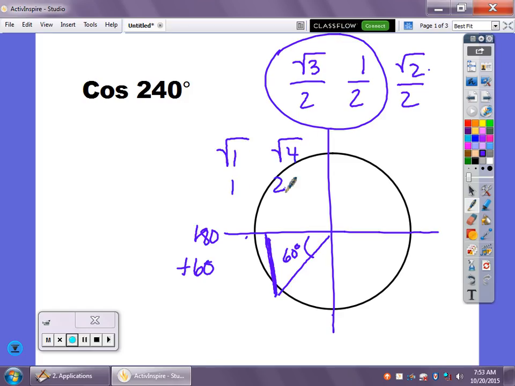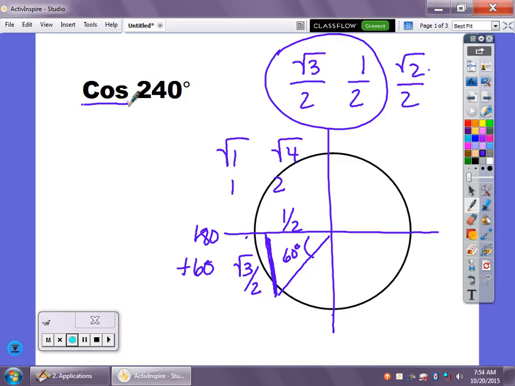So the square root of 3 is somewhere between 1 and 2, but closer to 2 because 3 is closer to 4, which means that it's going to be greater than 1, which means this is bigger. Again, this is just things to help you figure out which one is bigger. The bigger angle is across from the longer side, so this would be the square root of 3 over 2, making this 1/2. Okay, so now I have my triangle.